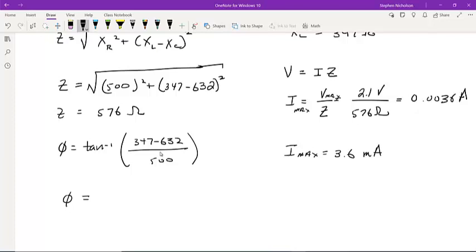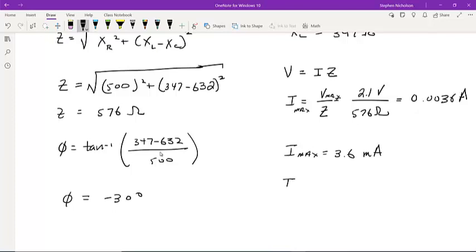You have to make sure your calculator is in degrees. Apparently I did something wrong there. Let's try it again. Negative 30 degrees. So that's the phase angle. The phase angle is the difference in time between where you have a maximum in voltage and a maximum in current. They don't line up exactly.